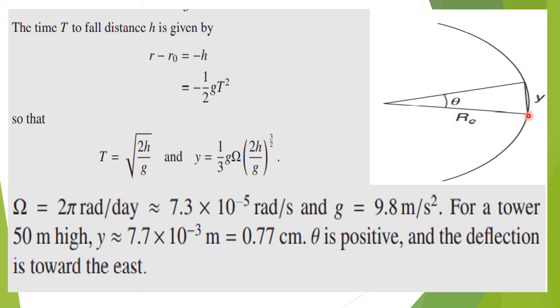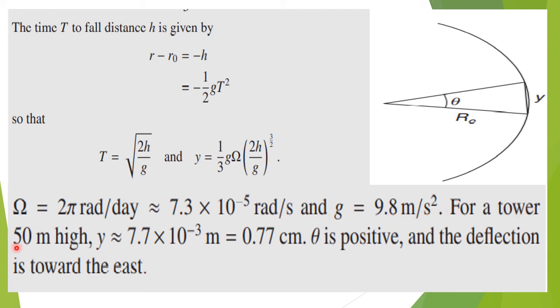So this is the horizontal distance moved by the falling mass towards the east. Now we calculate the distance y for Earth. We know that ω is equal to 2π radians per day. That means Earth rotates once in a day, covering an angle of 2π radians. It is approximately 7.3 times 10 to the minus 5 radians per second, and g is equal to 9.8 meter per second squared.